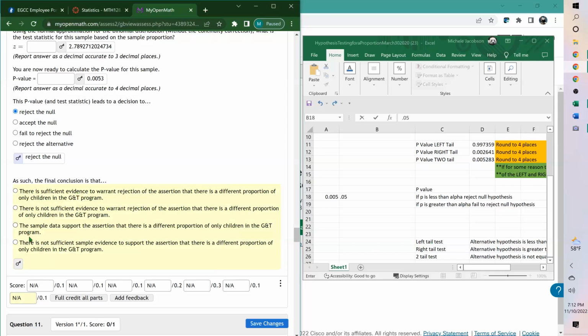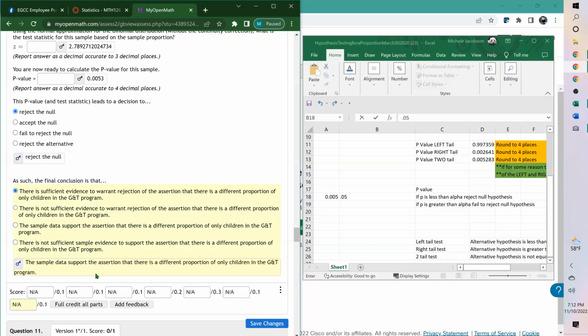Now, this one's just saying the sample data supports the assertion. But when you're doing that test, you are definitely saying the proportion is different, not just for the sample, you're saying for all. And so it should be the first one. That there is sufficient evidence? Oh, they're saying the sample. Wait a second, let me see.